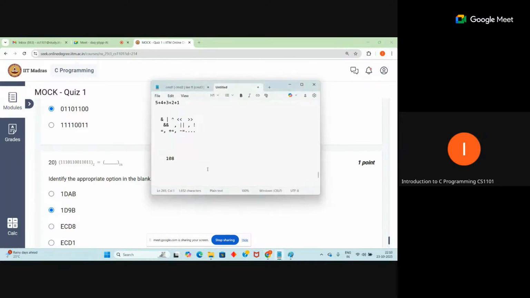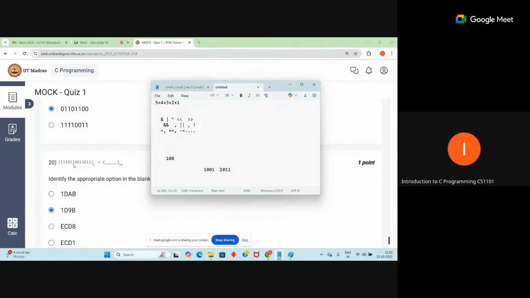We need to split it from the right-hand side. The first group is 1011. The next four bits are 1001, the second group.